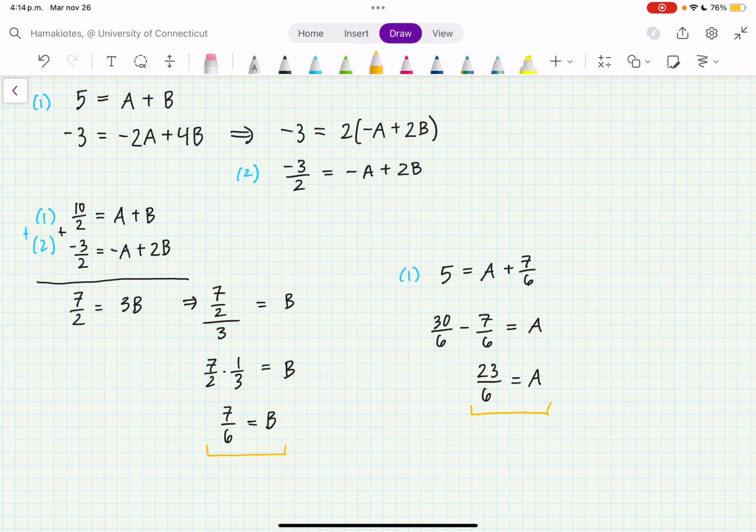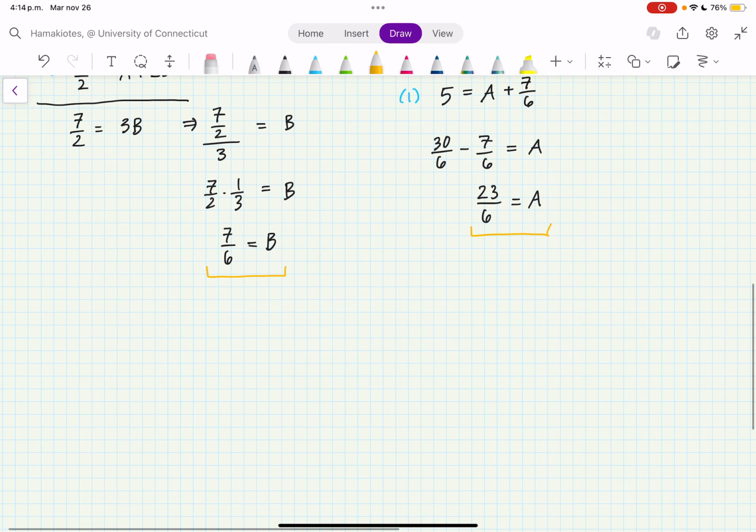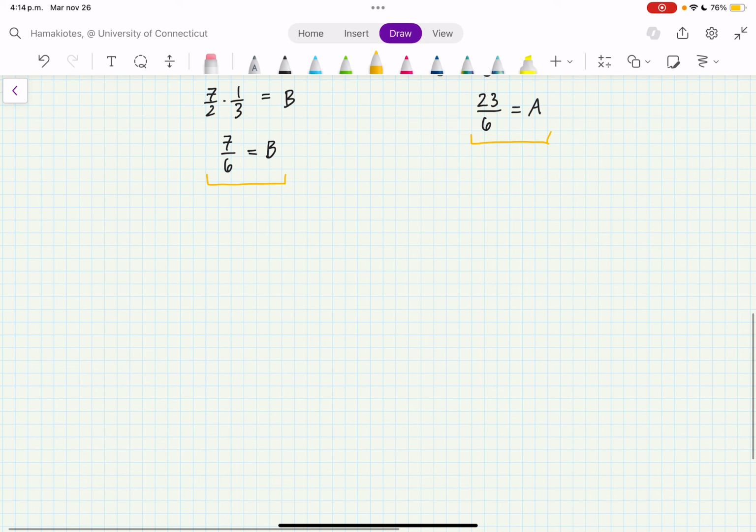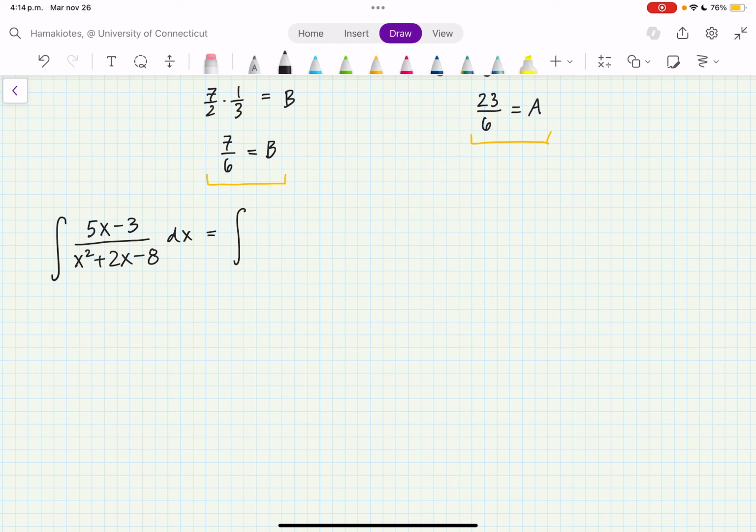Now, we did all this algebra, but we want to evaluate the integral that we started with. So let's recall what we had. We have that the integral of 5x minus 3 all over x squared plus 2x minus 8 dx is equal to the integral of what we just rewrote it as.